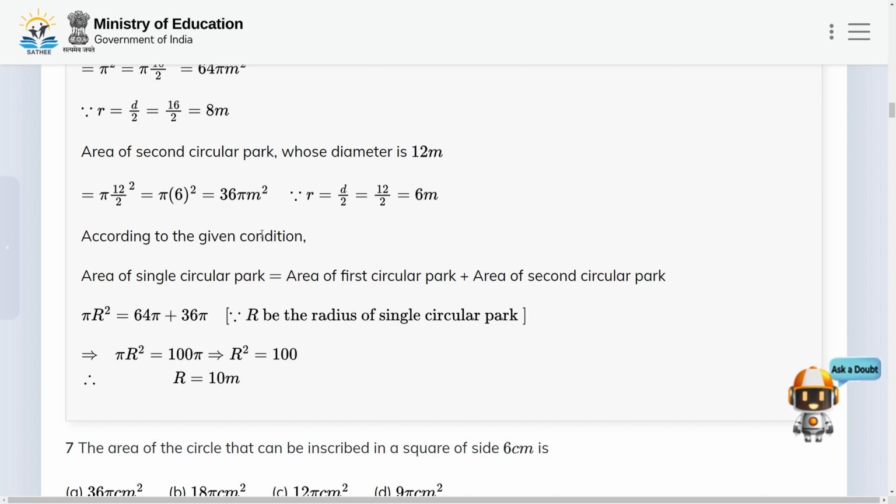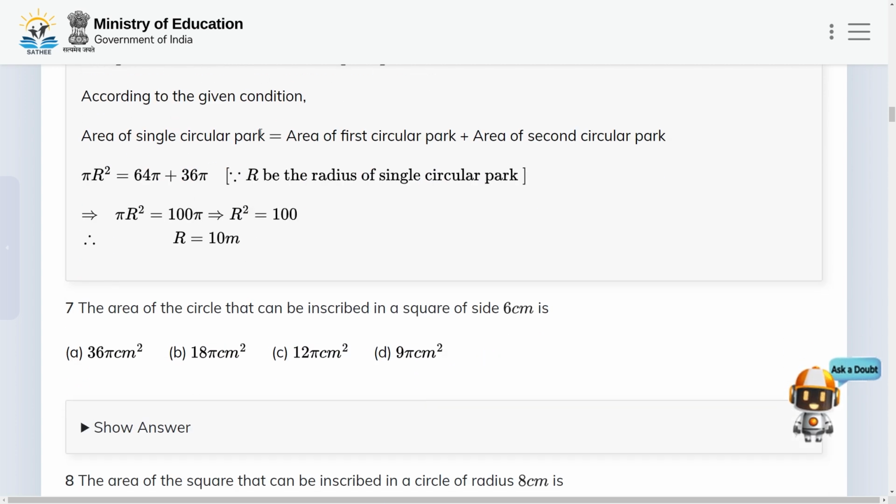Now according to the given condition, the area of the single circular park is equal to the area of the first circular park plus the area of the second circular park. Let r be the radius of the single circular park. Then its area is pi r square.